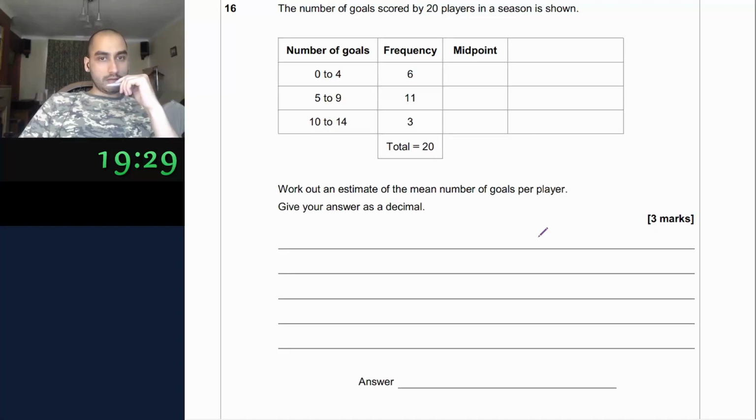The number of goals scored by 20 players in the season is shown. Work out an estimate of the mean number of goals per player. Give your answer as a decimal. Midpoint. What's the midpoint of 0 to 4? 2.